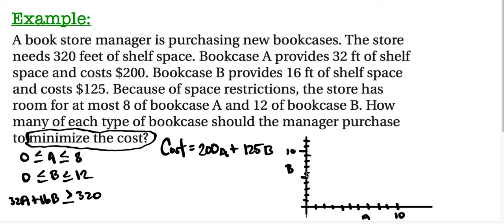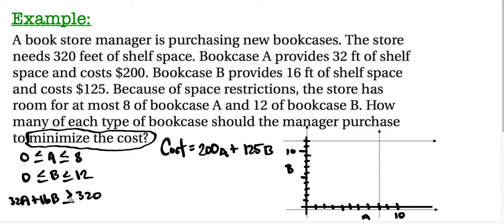So A has to be, oh, that's black, shoot. A has to be greater than 0 and less than 8. So that arrowhead represents 8. So A is between those two. B is greater than 0, which is this line, and less than 12, which is this line. So all of my info has to take place in this square.